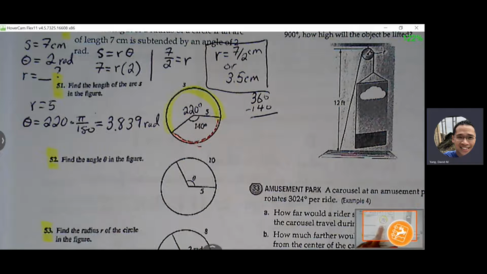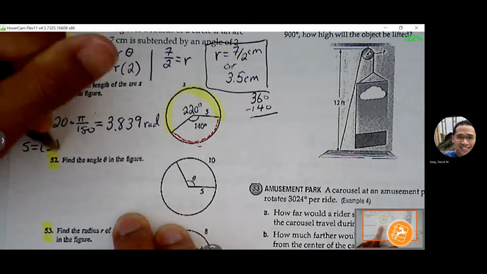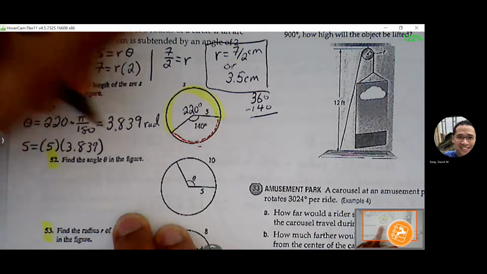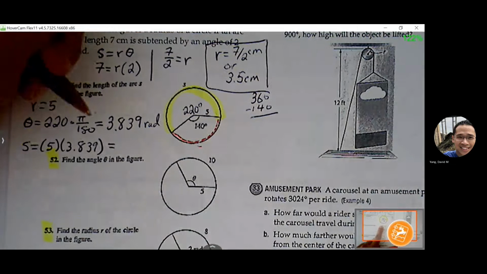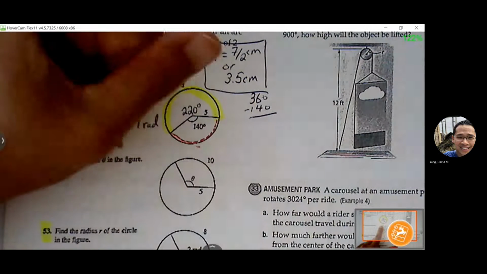Okay, so now we have everything that we need. S equals R theta. You guys get 19?